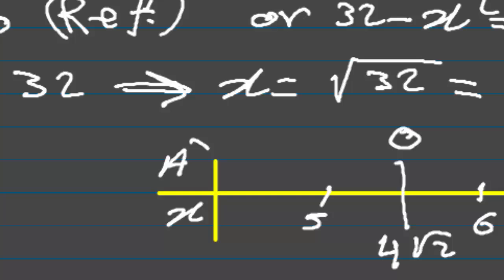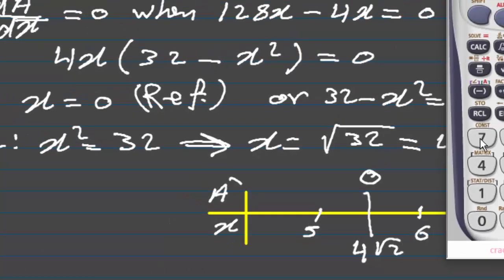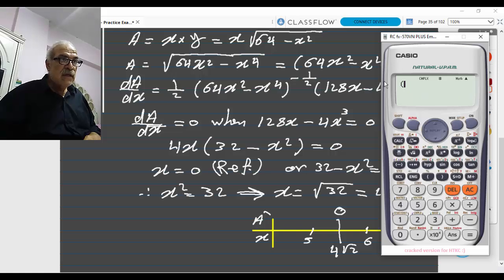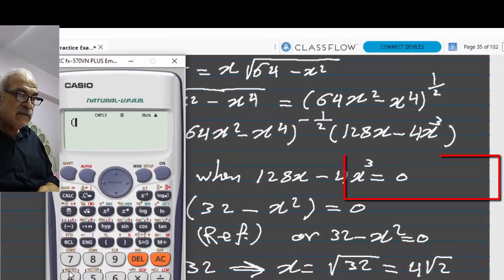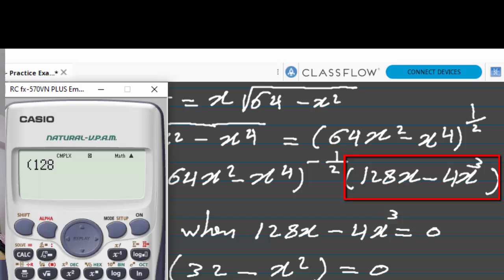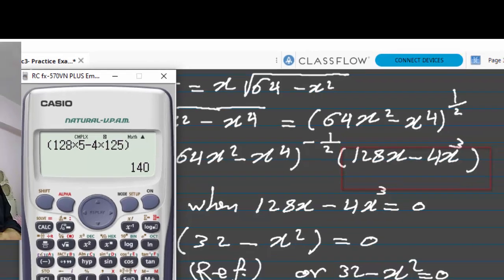Now substituting x equals 5 in this part, we have 128 multiply 5 minus 4 multiply 5 power 3, which equals 125, and here we have a positive value.